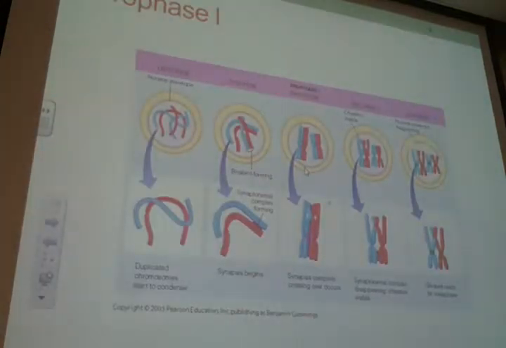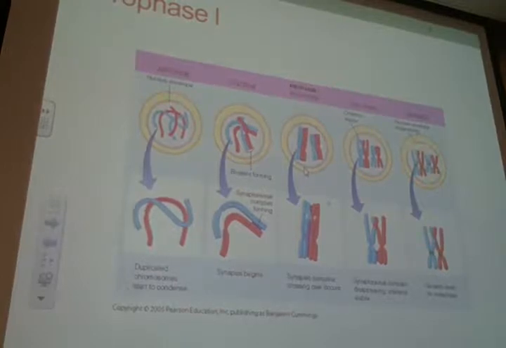Okay, so it's gone through G1, S, and G2. It's entering the M phase. M phase today is meiosis rather than mitosis. So we're in prophase 1. Now here is where there is a huge amount of difference between mitosis and meiosis.